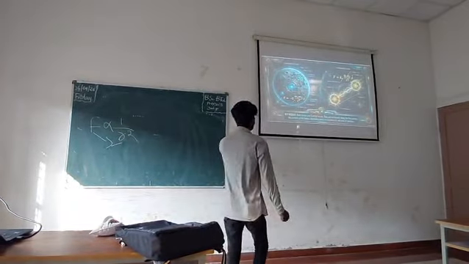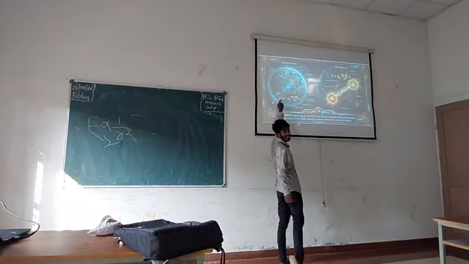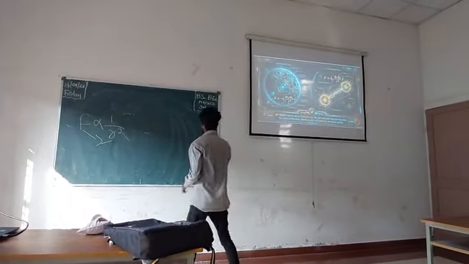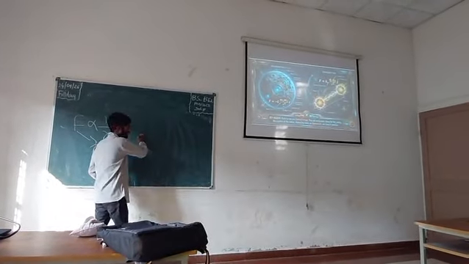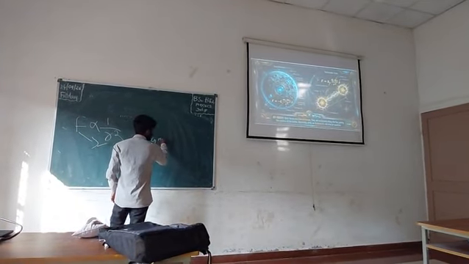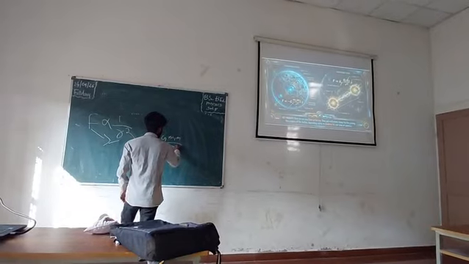So here we already know this formula, right? In some chapters we call it F. F equals G m1 m2 over r square.